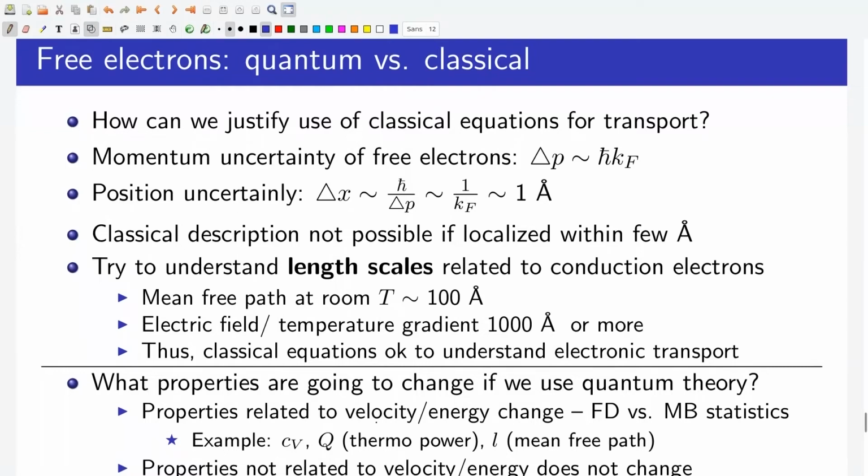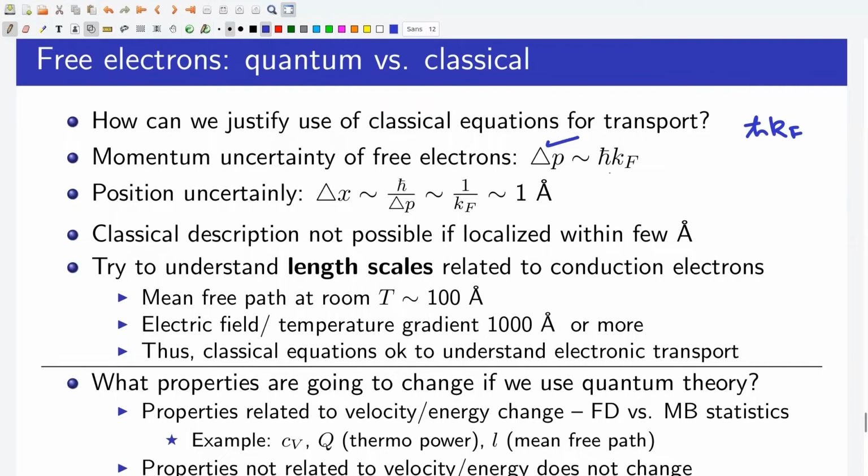Now let us try to justify the use of a classical equation for transport in a quantum model. Note that the momentum of the highest occupied energy levels is given by ħ times kf, right? So we can take this as the value of momentum uncertainty.